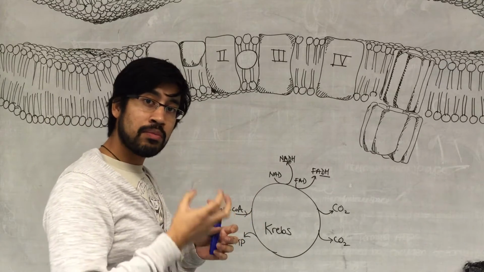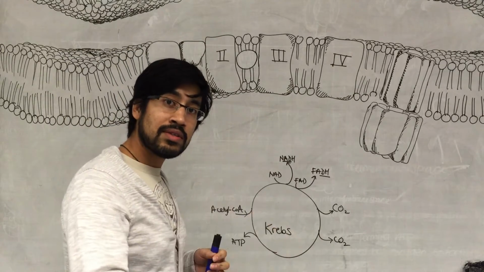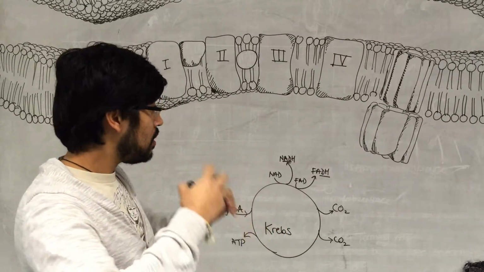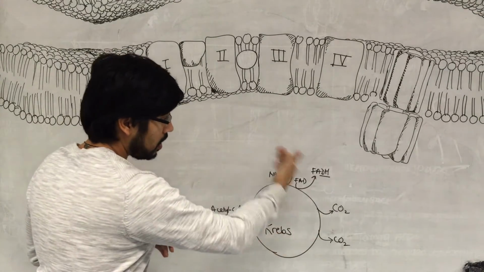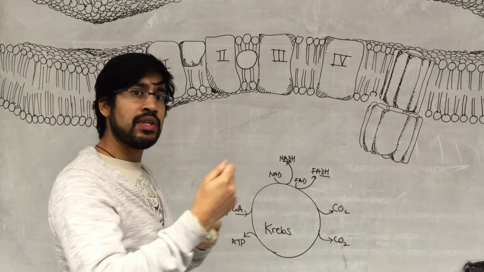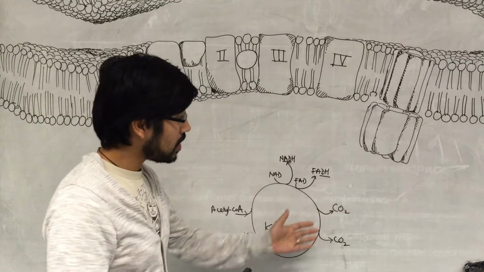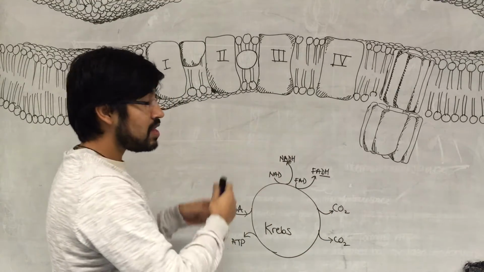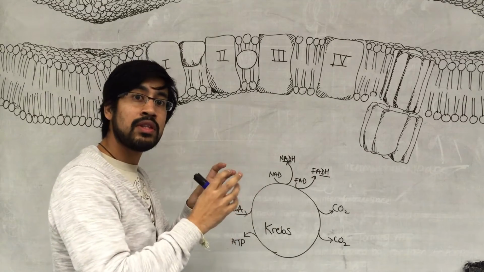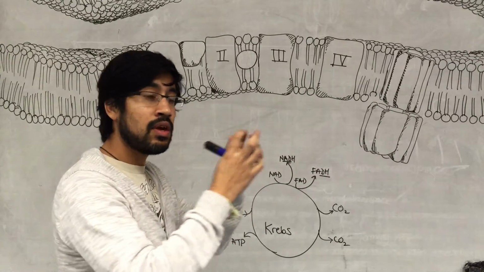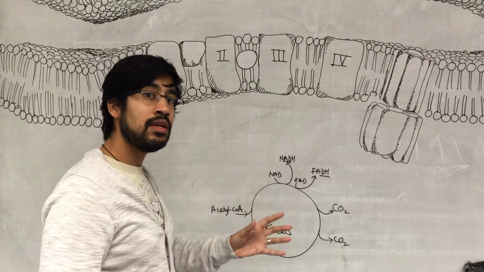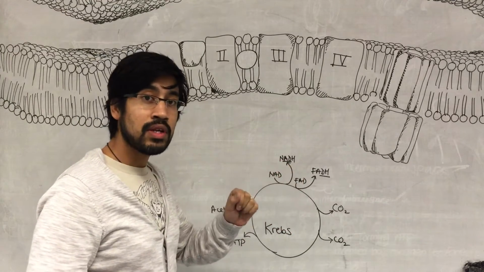In the link reaction, the pyruvate got converted to acetyl units, and the energy then was in the acetyl units. Then the acetyl units entered the Krebs cycle. The Krebs cycle broke those acetyl units down to carbon dioxide, in the process generating reduced coenzymes. So the energy then transferred from the acetyl units to the reduced coenzymes, reduced NAD and reduced FAD.